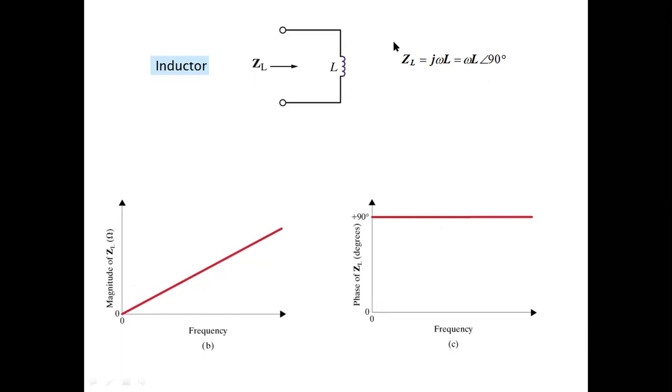So we get the value of ZL equal to j omega L, in the form of the frequency domain, where S is nothing but sigma plus j omega. Here we take the impedance as j omega L, or in polar form, omega L angle 90 degrees.